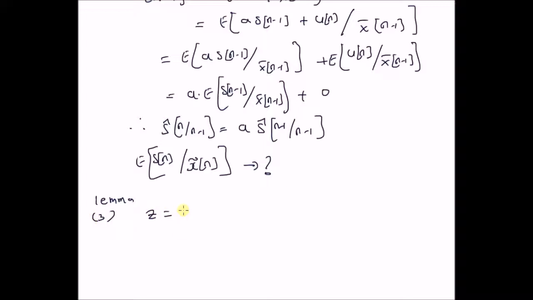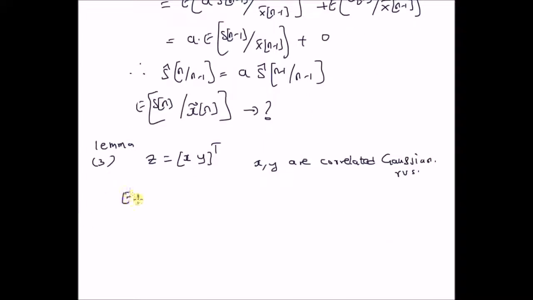Given a vector z which has two components x and y, both following a Gaussian distribution and correlated, that is x and y are correlated Gaussian random variables, then the conditional expectation of x given y is equal to expectation of x plus covariance of x and y divided by variance of y, multiplied by y minus expectation of y.